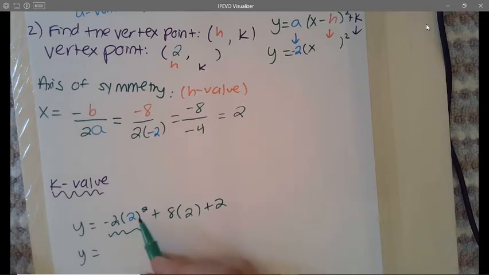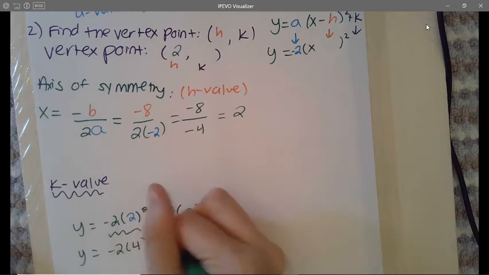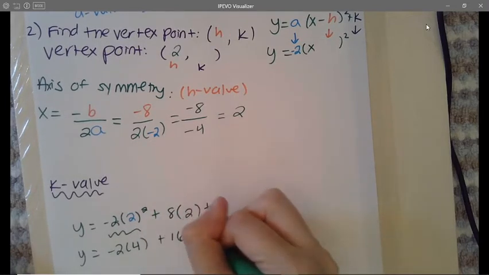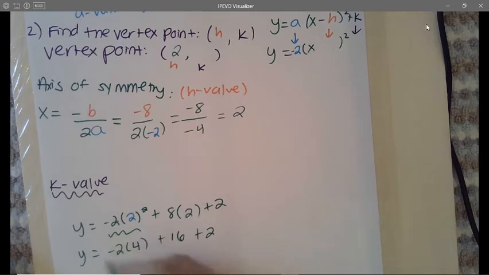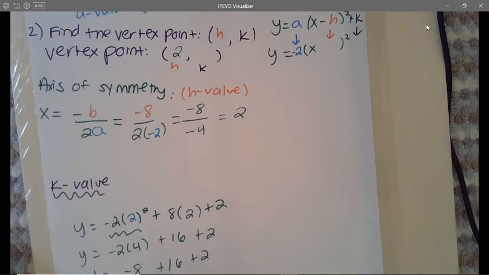So 2 squared, 2 times 2, is 4. 8 times 2 is 16. And I'm going to bring on down that 2. -2 times 4 is -8. Then -8 plus 16 is 8, and 8 plus 2 is 10.